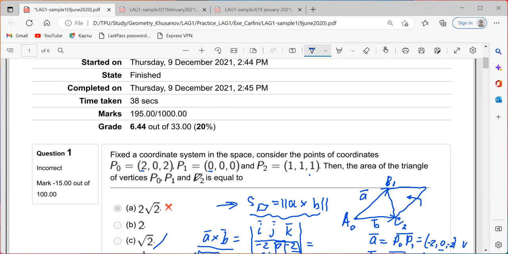Each question will be marked by 100. The total number which you can obtain will be just 1000, and 15 from this 1000 will be marked as a penalty if a question is not correct. 15 means 1.5%, I think. Okay, so this is the penalty.